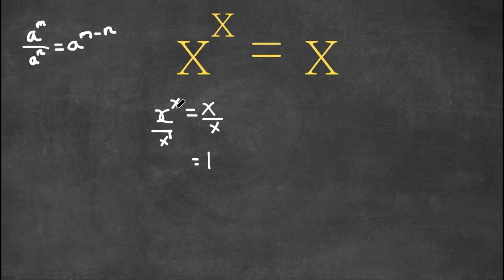So right here we have x to the power of x divided by x to the power of 1. And x in this case is a, x is m, and 1 is n. So if we put our variables into this form, we get x to the power of x minus 1.